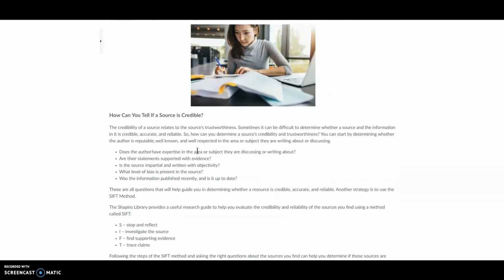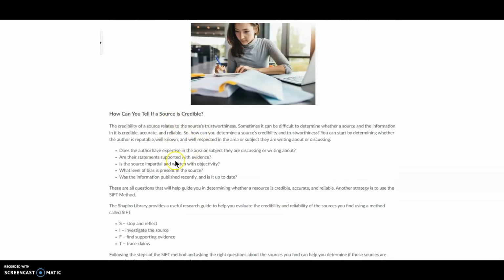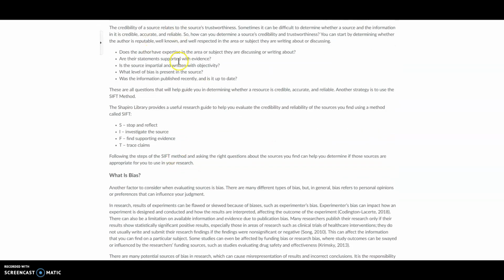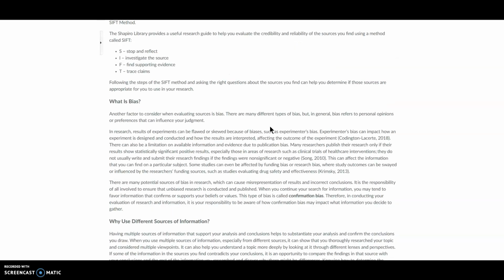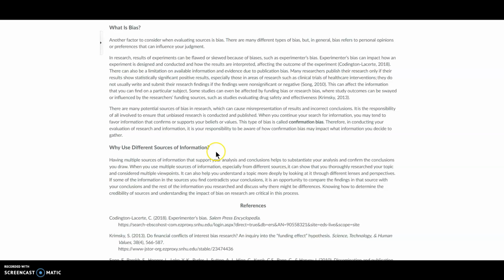So for question 1 and 2, all the information right here is going to help you answer the first 2 questions. And then 3, 4, and 5 can be found in the bias section. And then question 2, why to use different sources of information, you can find the answers in here.